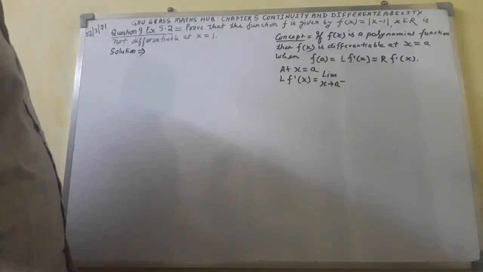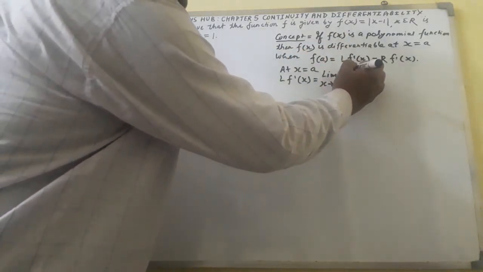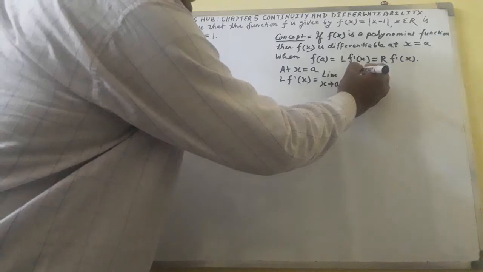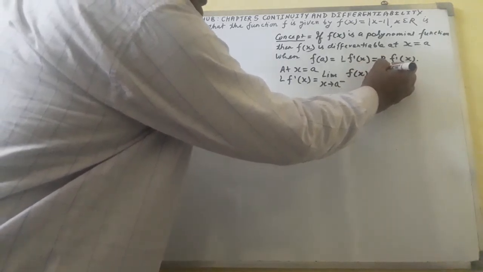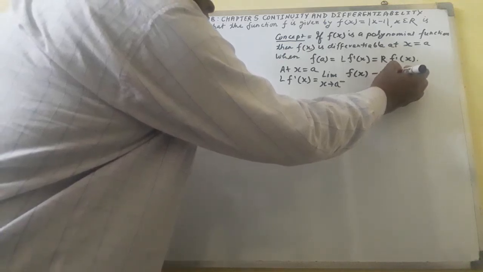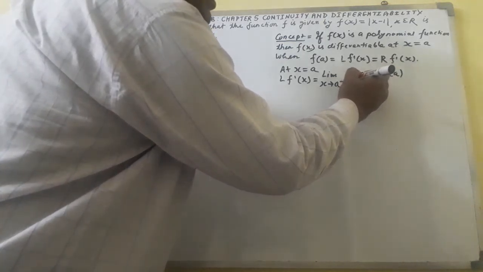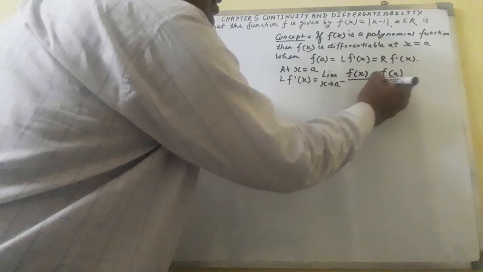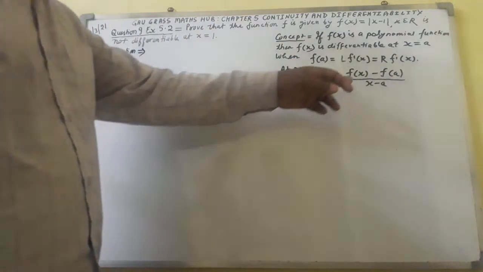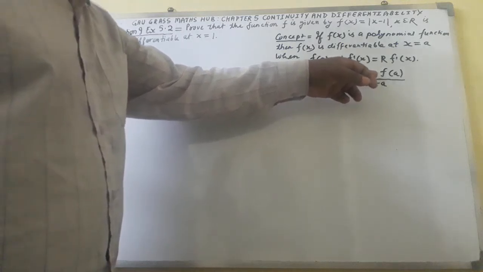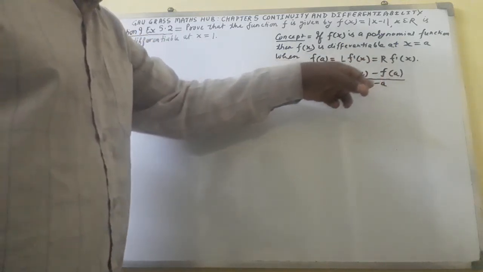and here I shall write f of x minus f of a whole over x minus a. Here you can see f of x minus f of a whole over x minus a.